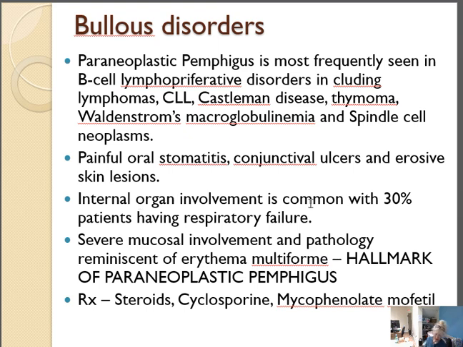Internal organ involvement is common, with 30% having respiratory failure. Severe mucosal involvement and pathology reminiscent of erythema multiforme is a hallmark of most paraneoplastic pemphigus. Treat with steroids, cyclosporine, and mycophenolate.